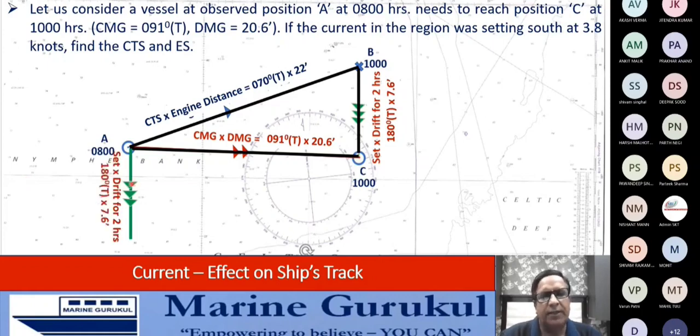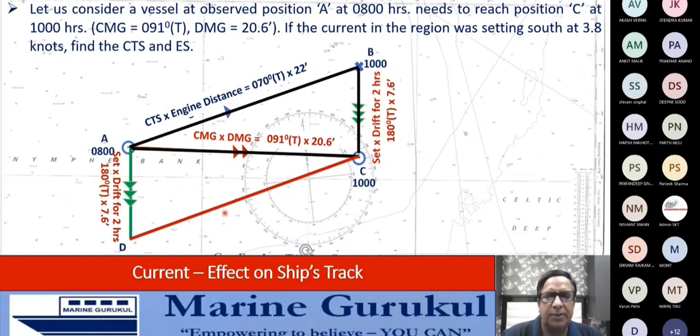At A, we have applied current for 2 hours, setting south, and drift of 7.6 miles. This gives us a point D. Now, if we join point D to C, as you can see, what we see here is that A, B, C, D is a parallelogram.